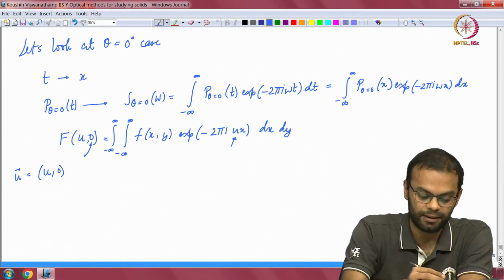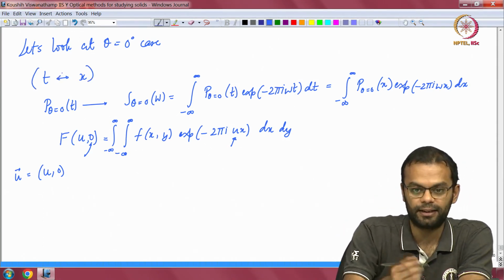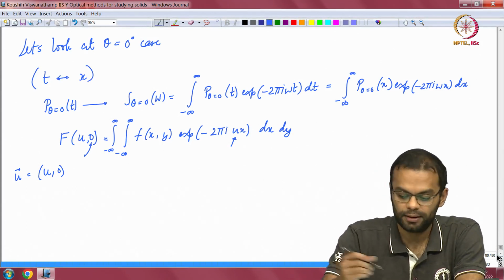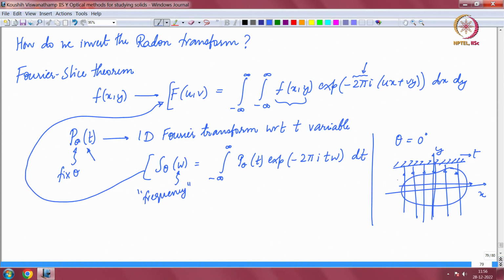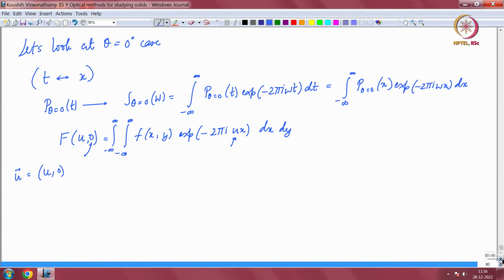Okay. Remember, since t was the same as x, and if you look back at that figure we drew over here on the right bottom, s is in the ray direction and t is in the detector direction, right. So s is basically y, t is x, correct. So what is p theta equal to 0 of x? It is integral along y, because s is along y, of f of x y.